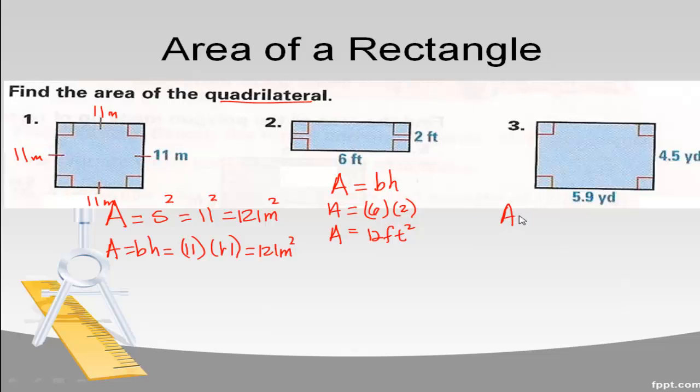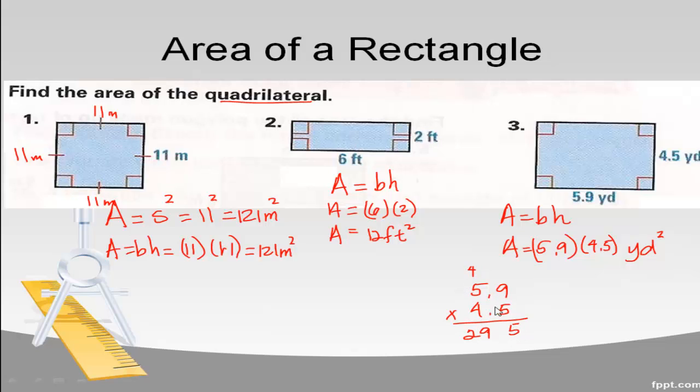And for your third one, you're going to need a calculator, which I don't have right now. So area would be base times height. Area is 5.9 times 4.5 squared yards. And I guess we can do this by hand. When you multiply these two numbers, we get 45, carry a 4, 25, 29, and then 36 and 23.